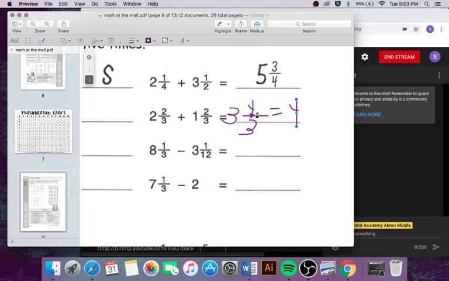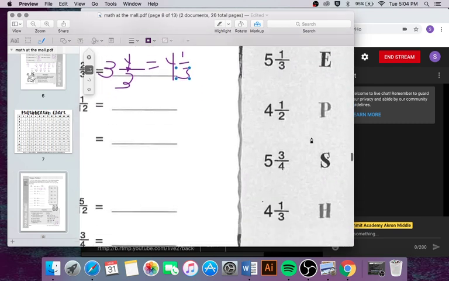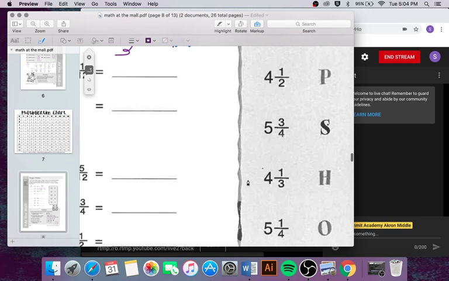Three divided by 3 times 1 is 3. So our remainder is going to be 1 over 3. So if we look over here, we're going to find 4 and 1 over 3, which is h.